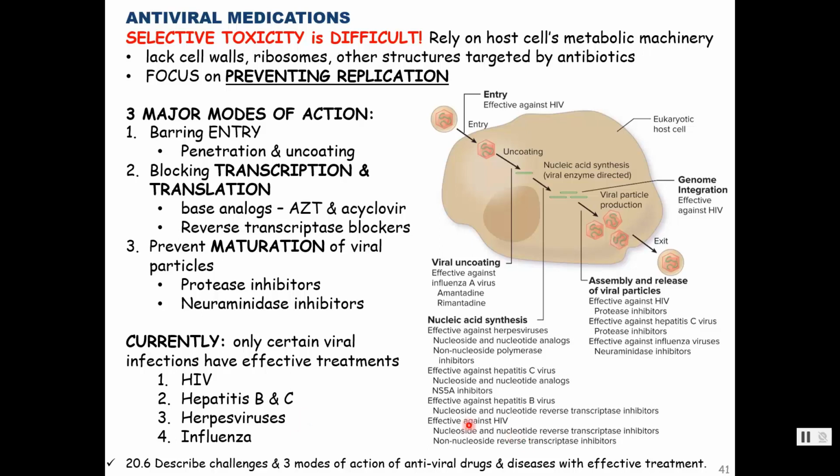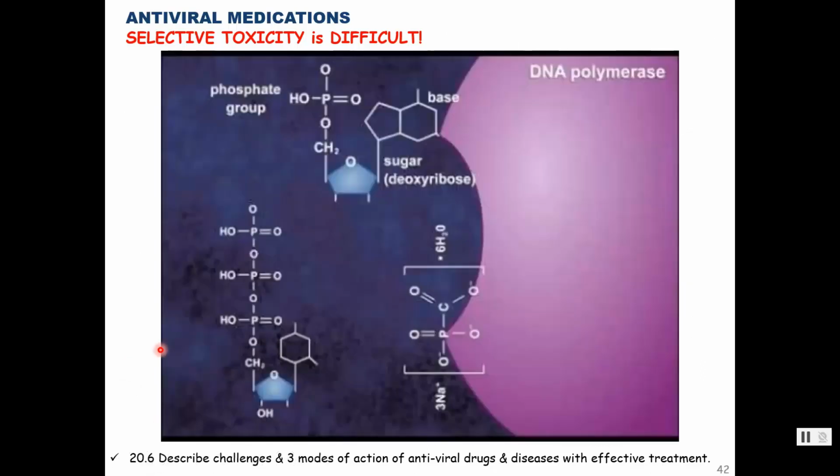There's Tamiflu for influenza, not quite as effective. Once again, Big Pharma is going to focus on those chronic diseases, because if someone's on these drugs, they're going to take them for a really long time. So that's why there are more antiviral drugs for those particular viruses.